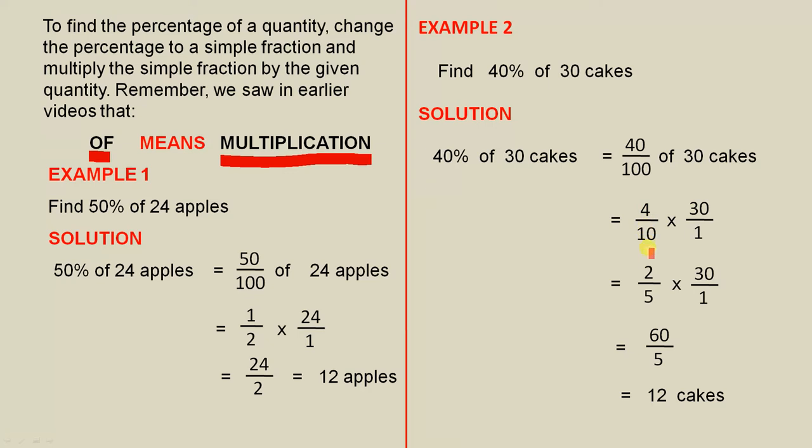Now 4 over 10, we can simplify that to 2 over 5, because we divide top and bottom by 2. So it's 2 over 5 times 30 over 1. 2 times 30 is 60. 5 ones are 5. 60 divided by 5 is 12. So 40% of 30 cakes is 12 cakes.